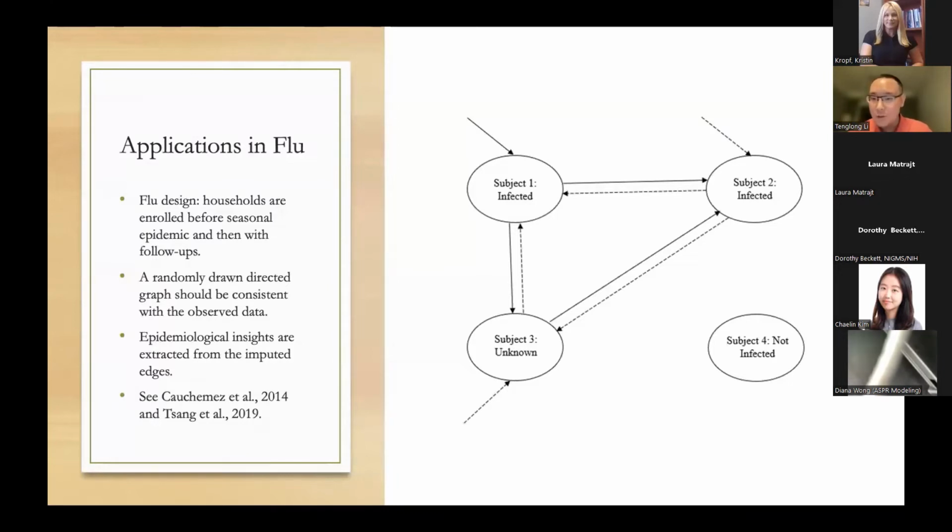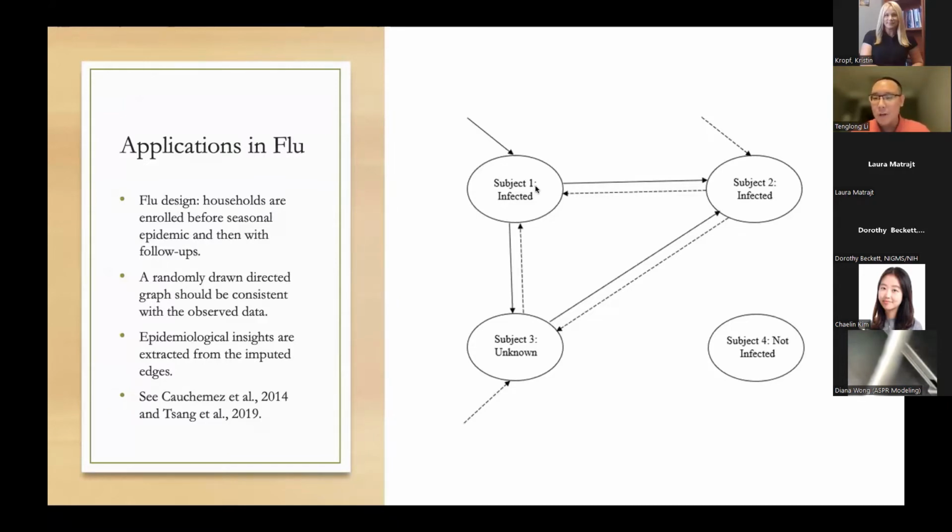So for example, there's a household with four members. Subject 1 and subject 2 are infected, while subject 3 has unknown infection status. Because subject 1 and subject 2 are infected, they should receive so-called edges, which basically represent transmission paths. And subject 3 is unknown, so can be either infected or not infected, so there is more flexibility for drawing edges to subject 3.